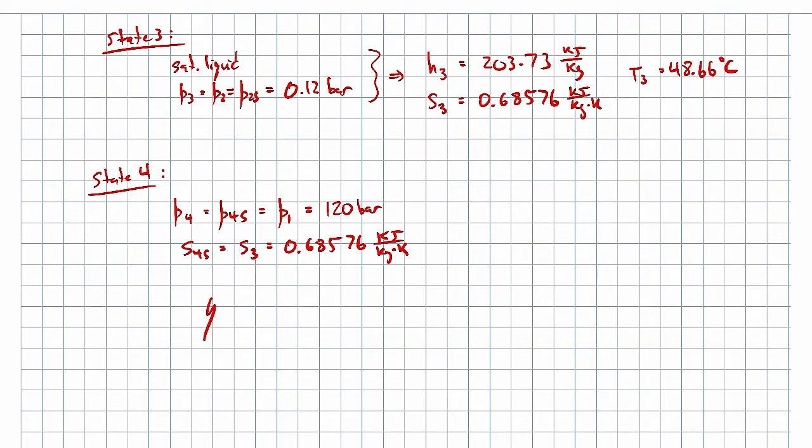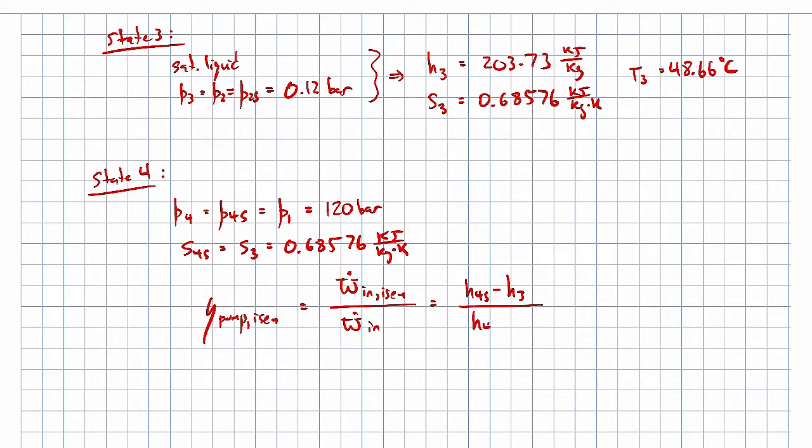So let me just write down that pump isentropic efficiency. So here's the isentropic efficiency for the pump. This will be the power going in isentropic. That'll be less than the power going in the actual case. And if you write out what you get from the first law on those, it'll be H4s minus H3 for the isentropic case.